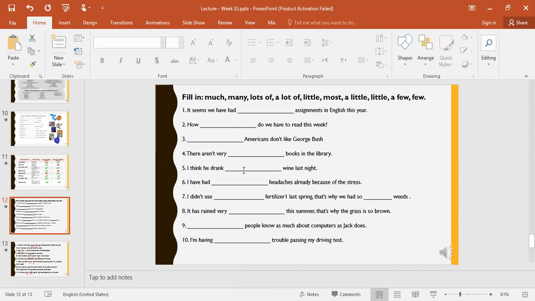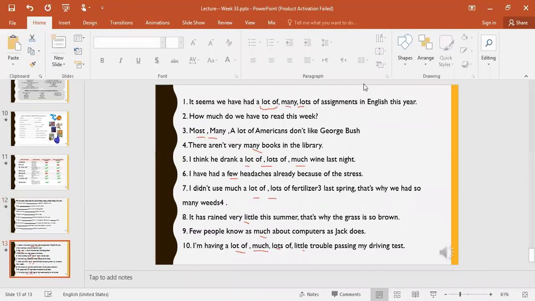A lot of trouble, yes, we can say a lot. Very good. So the answers are here, and even here you have the different answers, and you have many options.